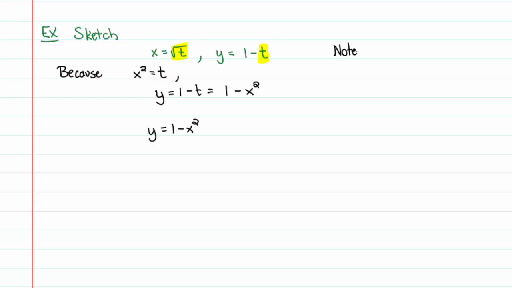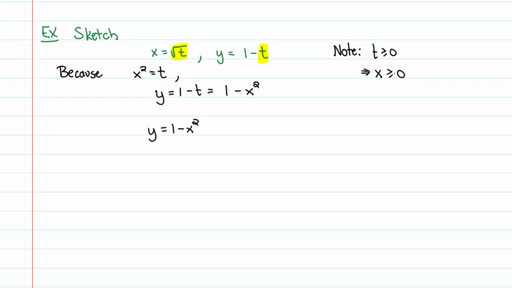Note t is greater than or equal to 0 because you're taking the square root of it, so you're kind of stuck, which will also imply that x is greater than or equal to 0. So I'm only going to graph this curve for x values that are 0 or positive. Okay, so that should be okay.